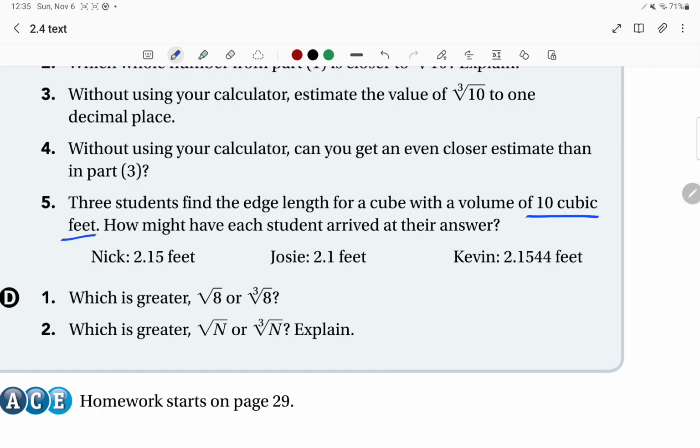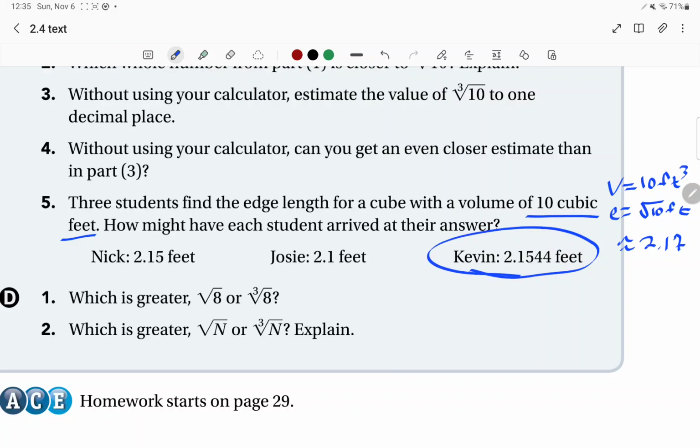Well, right off the bat, if you have a volume of 10 cubic feet, then you know the edge length is the cube root of 10 feet. Now, we estimated that to be approximately 2.17. So right off the bat, you know Kevin cheated and used a calculator because the exact answer is 2.1544.